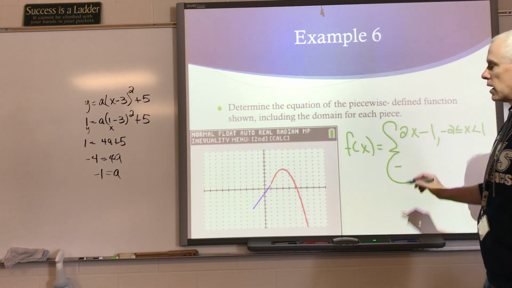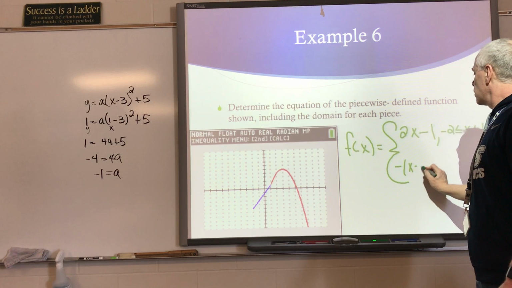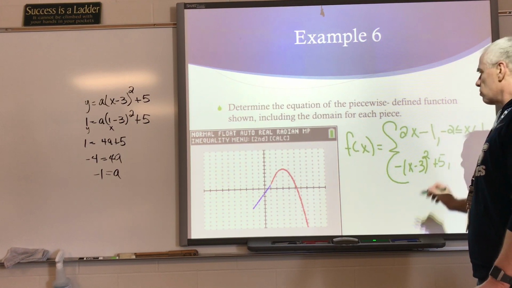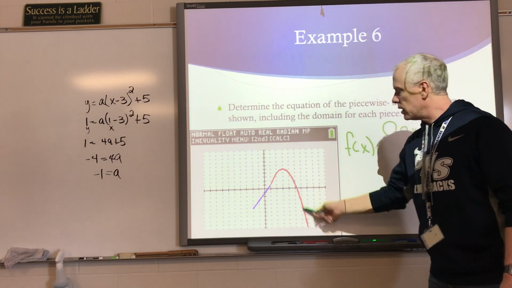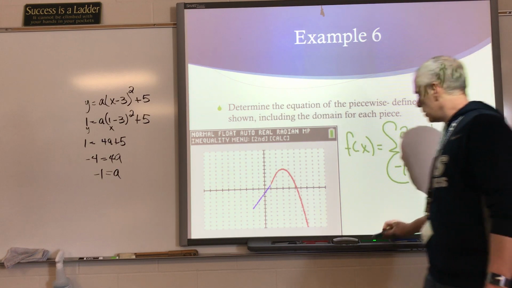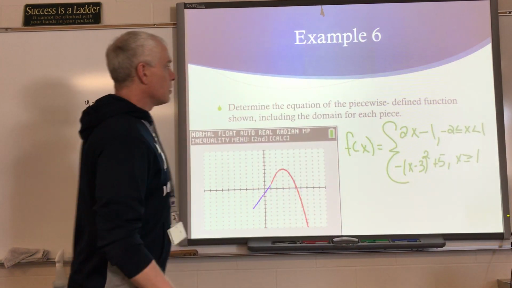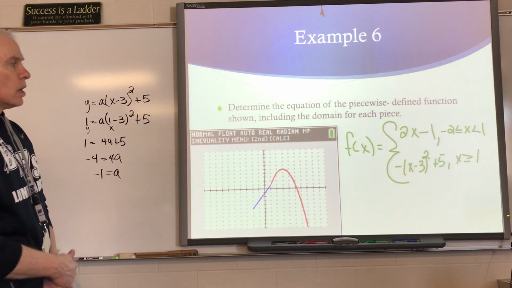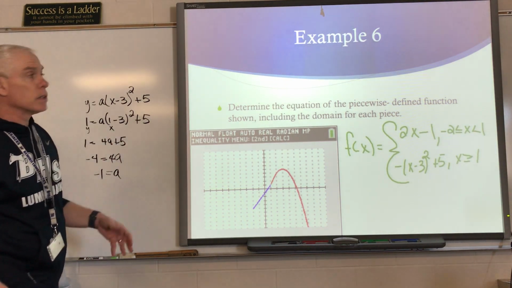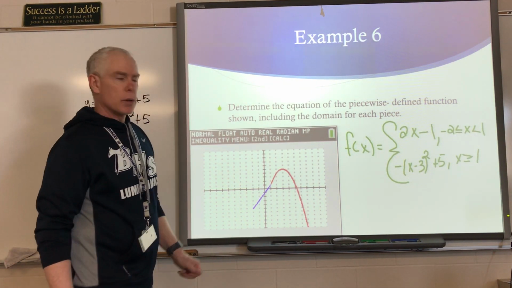That's your A. That's that -1. x minus 3 quantity squared plus 5. And it looks like that continues on forever. So that's going to be true when x is greater than or equal to 1. So that's what the piecewise function for that one is going to look like. We had a little bit of extra work to do over here because we had to determine what our A was. Other than that, I think we were pretty solid.